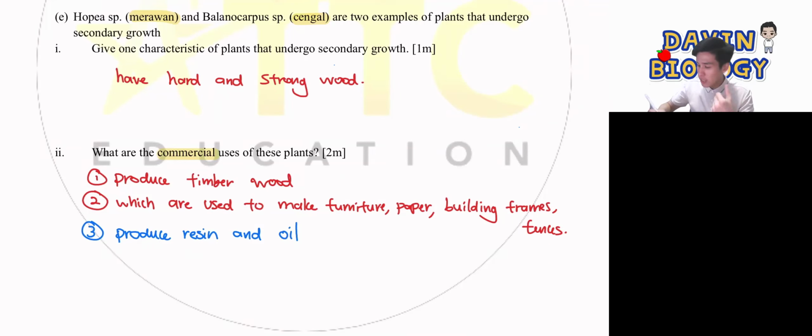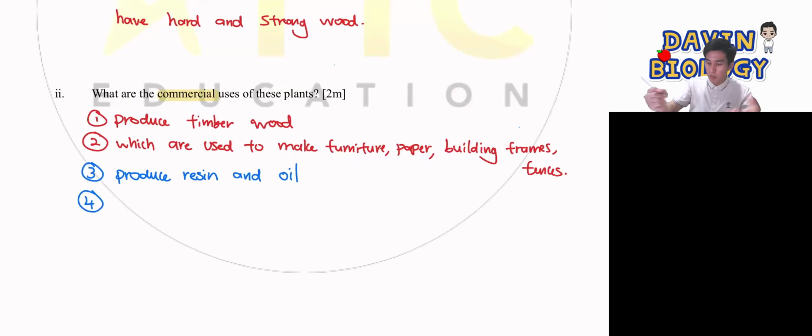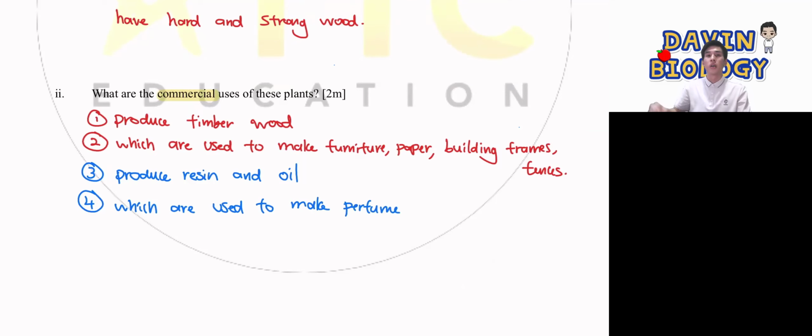Oils are essential oils that are usually used to make perfumes, and air refresheners at home. Some of those essential oils, like sandalwood, you pour inside your air diffuser, then your room gets a nice smell, right? So basically, you can say it is used to make perfume. Like this. So I'll show you how to explain.